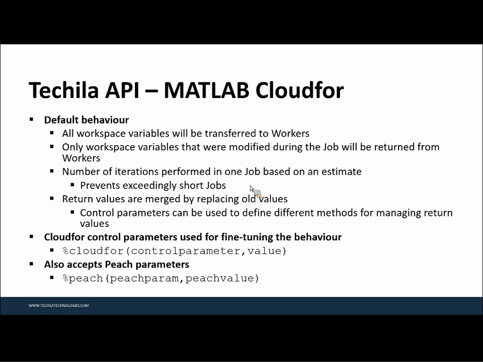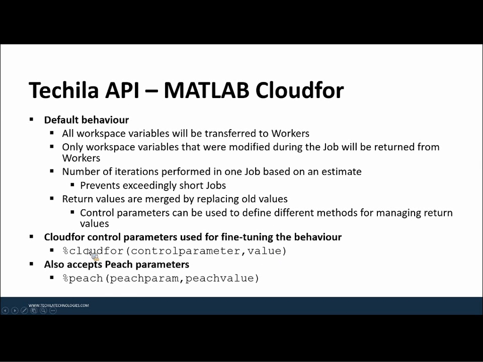And then I also talked about the control parameters that can be used to fine-tune the performance. Here you can see an example of the syntax that's used to define those. It starts with a % mark, followed by Cloud Core, and then in parentheses we have the control parameter and the value for that parameter.